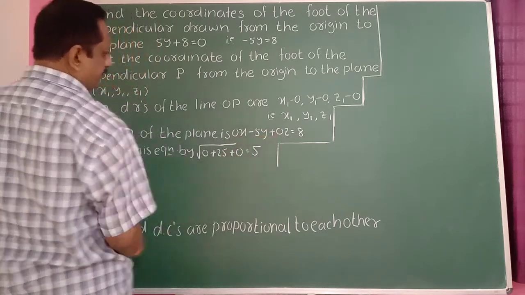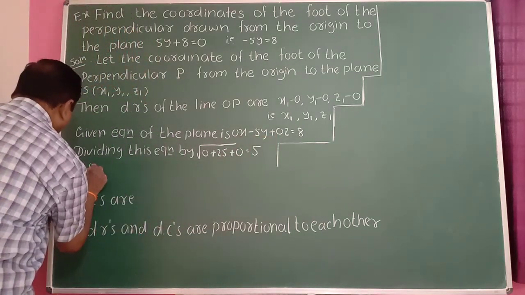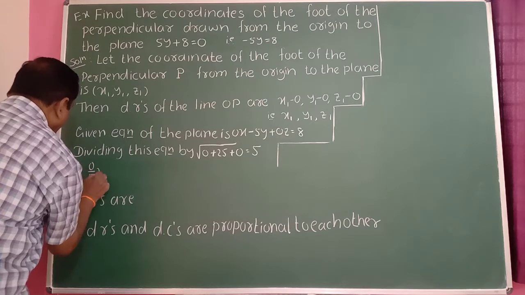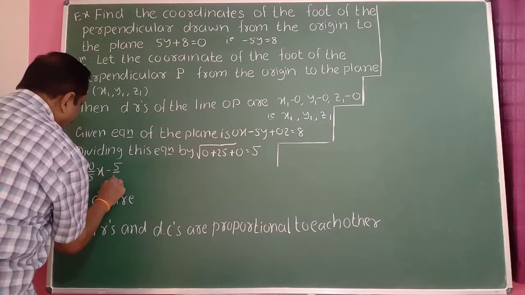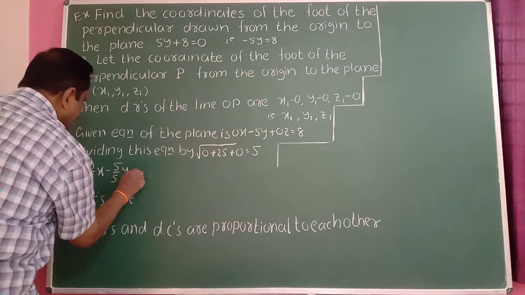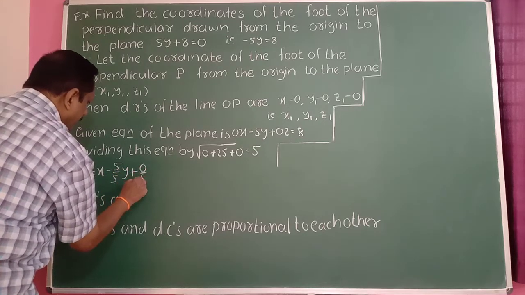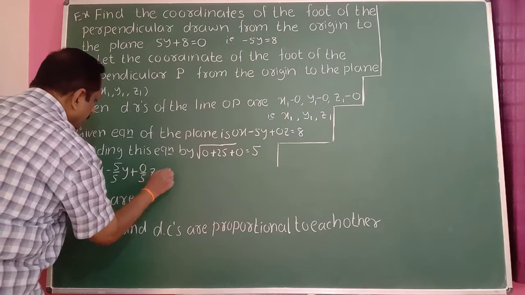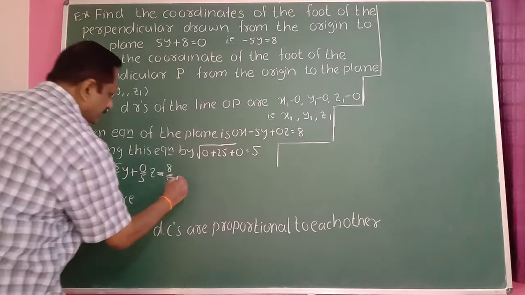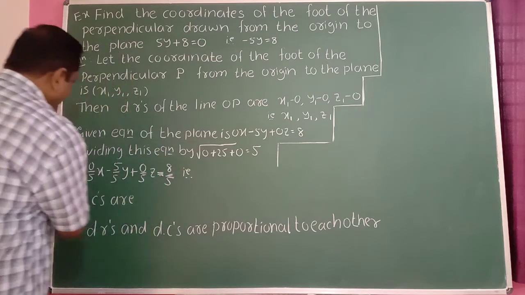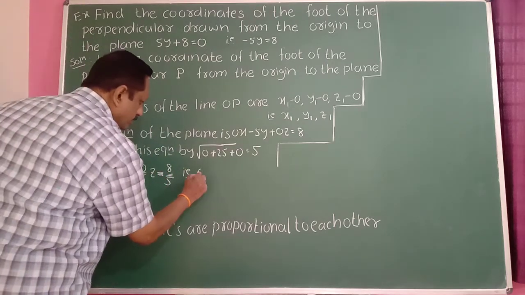Dividing both sides by 5: 0 upon 5 into x minus 5 divided by 5 into y plus 0 divided by 5 into z is equal to 8 divided by 5. So 0 upon 5 is 0.